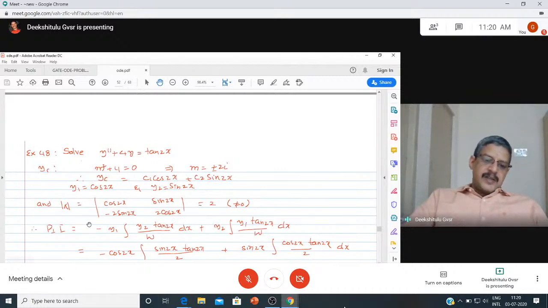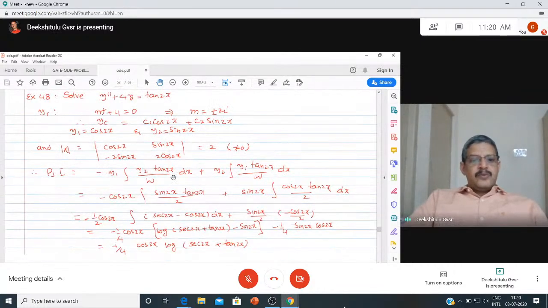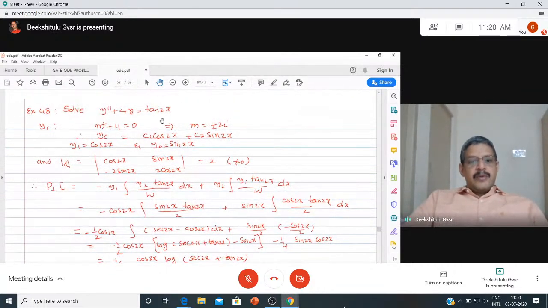The determinant is 2 cos square 2x plus 2 sin square 2x, which is 2, not equal to 0.